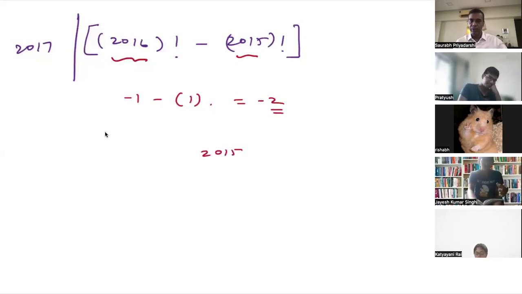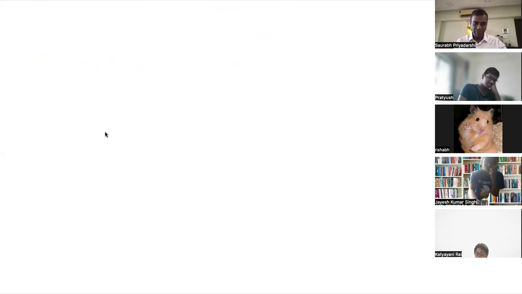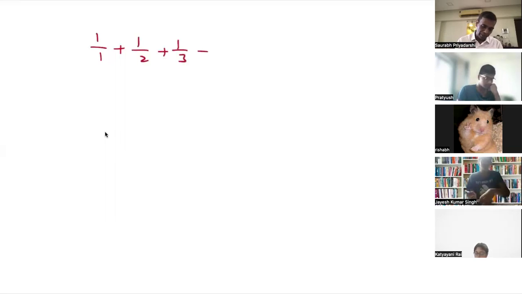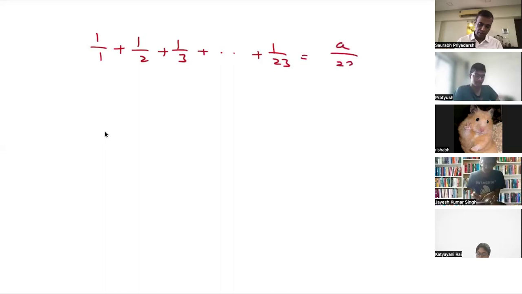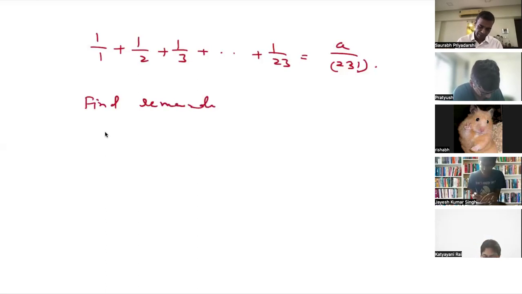And the last on this. This is a direct formula based thing, so that's the reason you'll not get questions in variation. But see: 1 by 1 plus 1 by 2 plus 1 by 3 up to 1 by 23 is equal to a upon 23 factorial. Find the remainder when a is divided by 30.